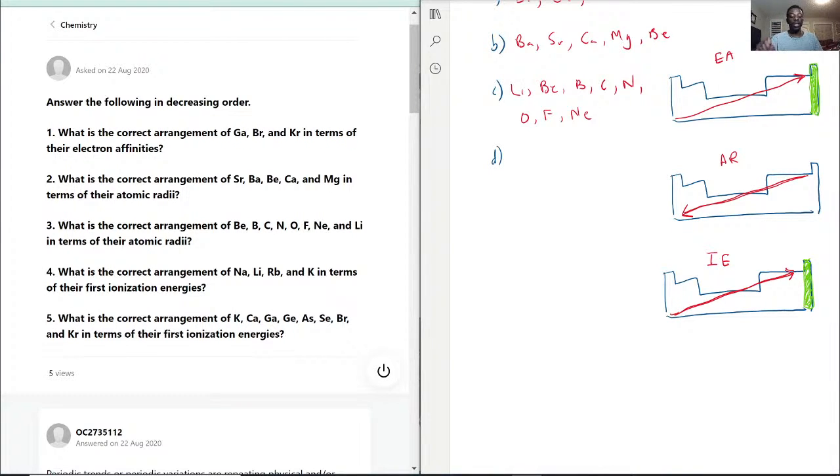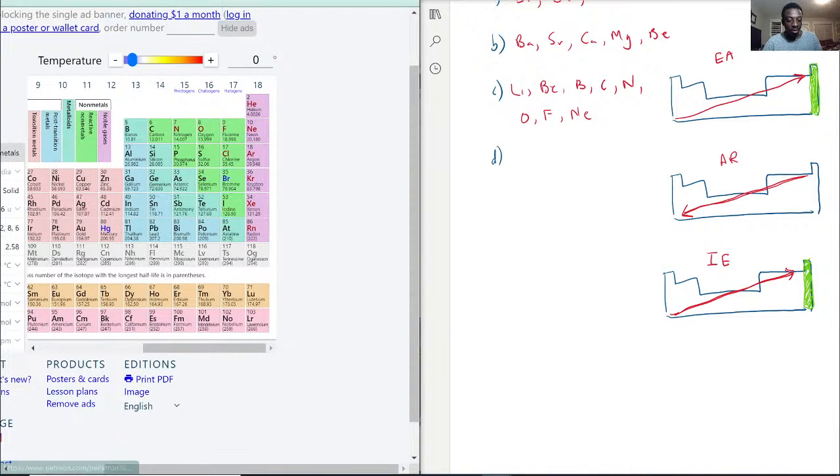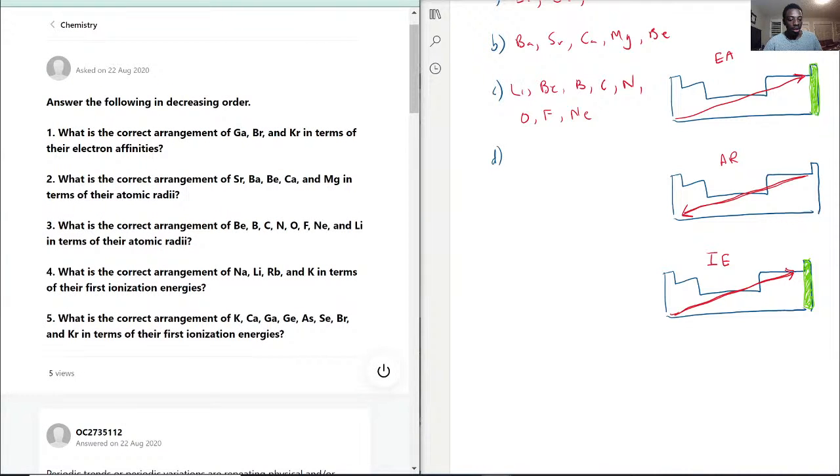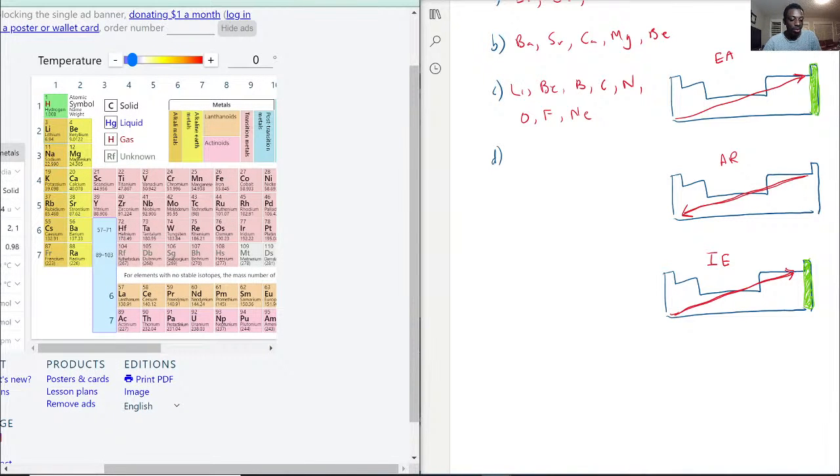So with that being said, let's look at sodium, lithium, rubidium, and potassium. Those are the four. So just these ones here.